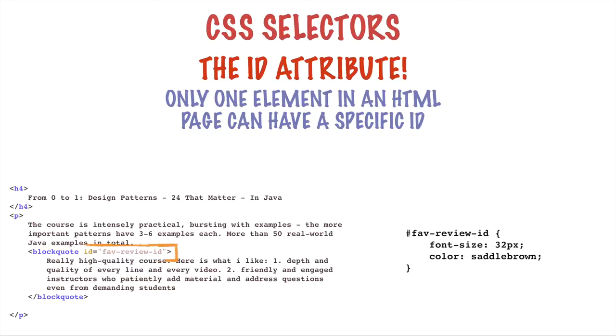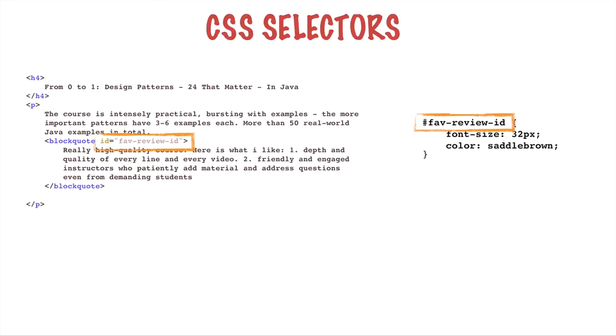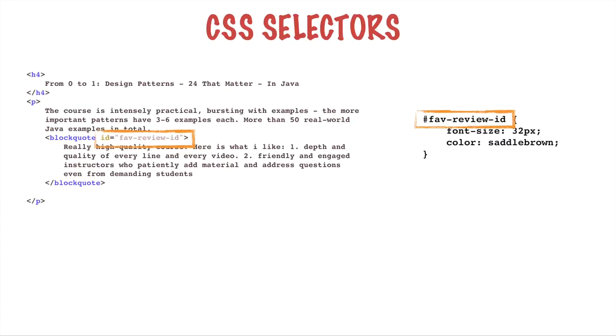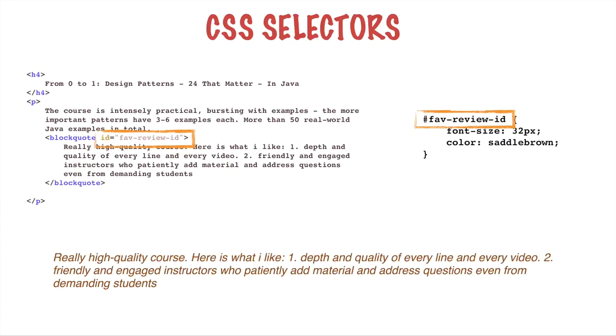We do pretty much the same thing here in the selector. Only one element in a particular HTML page can have a specific ID, and therefore we create a style for that particular ID. In the selector, we start with a hash. Doing so indicates that this is referring to a particular attribute ID, and that then causes that style to apply to only that one specific HTML element.